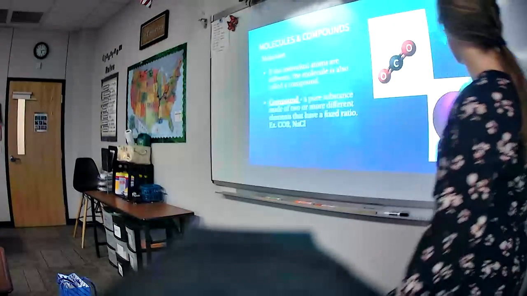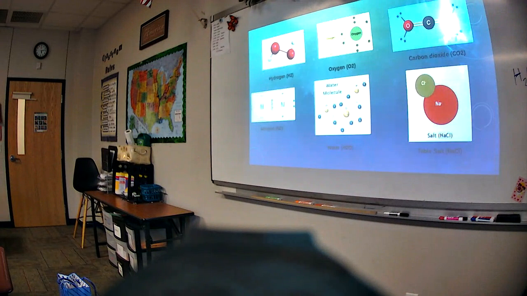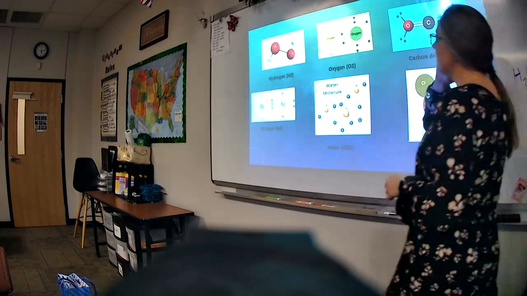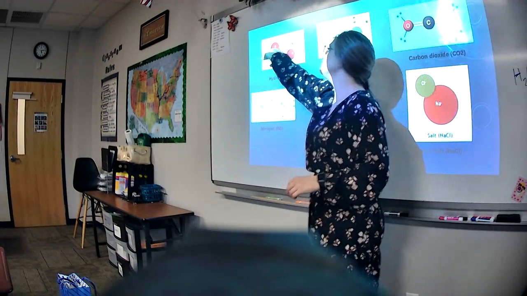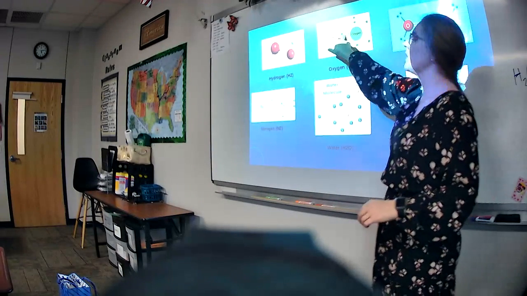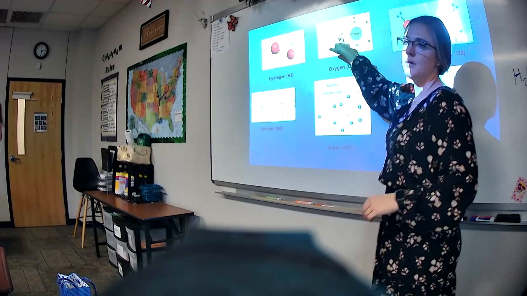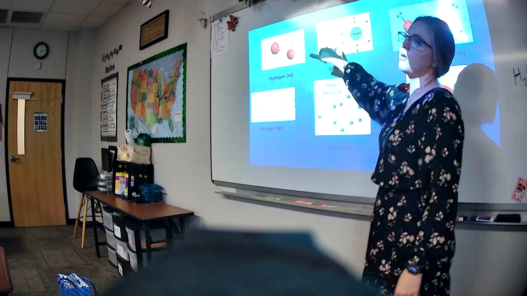All right. So, here are some other examples of compounds and molecules. Hydrogen gas is just H2. Two hydrogen atoms that have bonded together. Oxygen gas. This is really more what it looks like. They really come together and they actually end up sharing these electrons here.